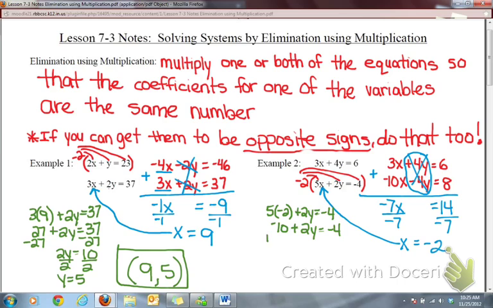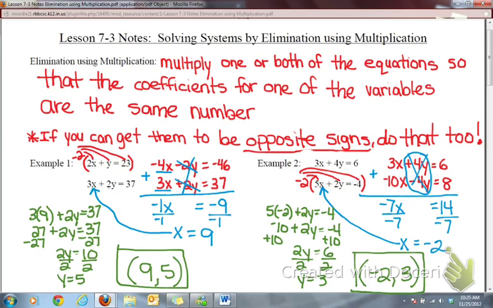Add 10 to both sides. 2y equals 6. Divide by 2, and y equals 3. So the ordered pair -2, 3 is the solution. That would be where the lines intersect if we were to graph them.